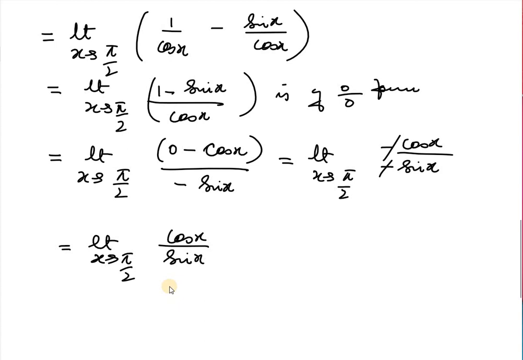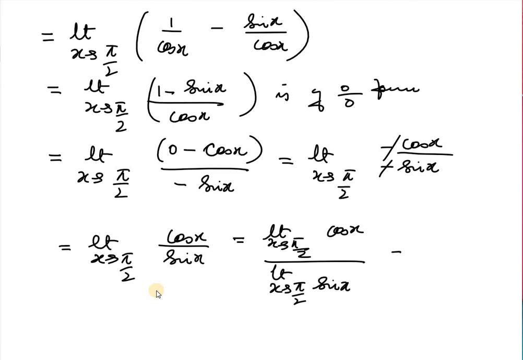So you can directly now substitute. It will be limit x tends to pi by 2 cos x divided by limit x tends to pi by 2 sin x, which is equal to cos of pi by 2 divided by sin pi by 2, which is equal to 0 by 1, which is equal to 0.